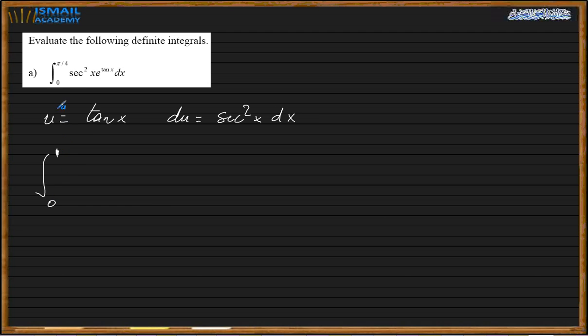Yes. So now secant squared dx is du, and e to the tangent is just e to the u. Now if I integrate, it's going to be just e to the u between 0 and 1, which is going to be e to the 1 minus e to the 0, which is e to the 1 minus 1.